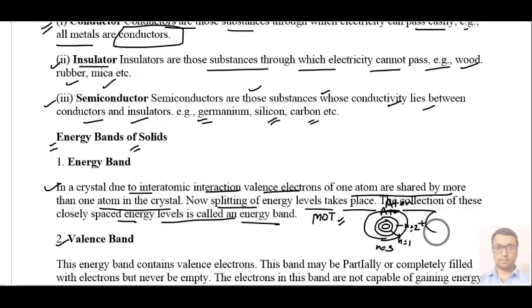But if we join two atoms, join means if we have any molecule which has two atoms, then in that case the second atom will also have energy levels like this. And these energy levels combine together, so they are very closely placed to each other. So we get a kind of band of energy levels. So this band of energy levels is nothing but your energy band in a crystal. This is called energy band.